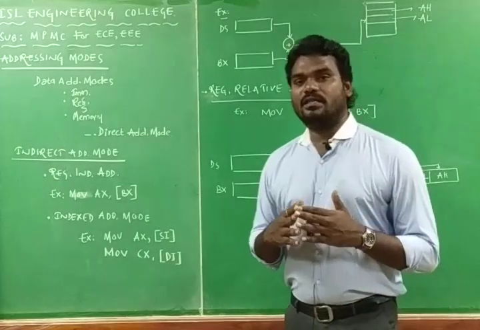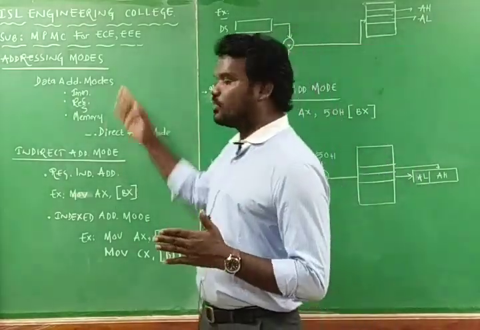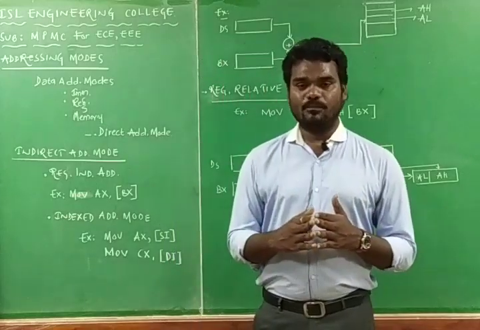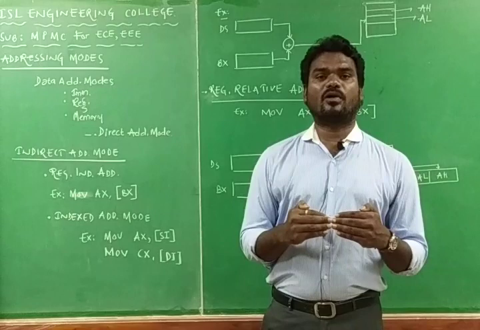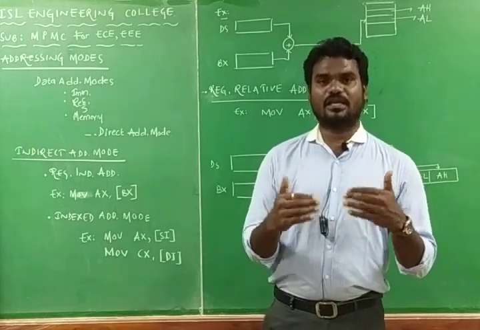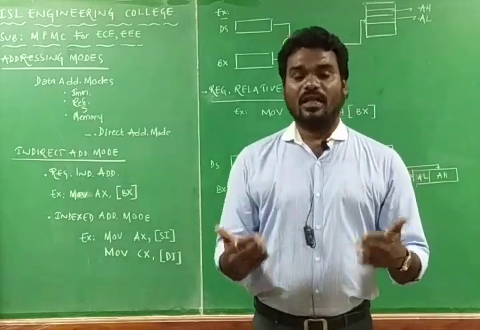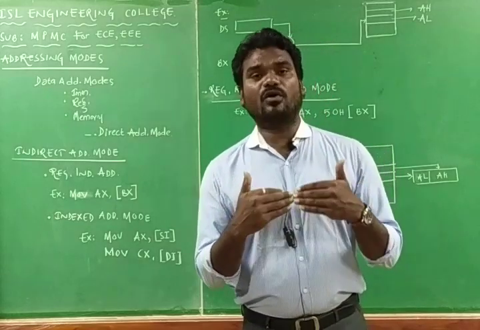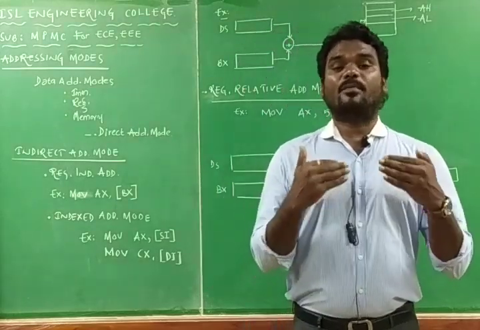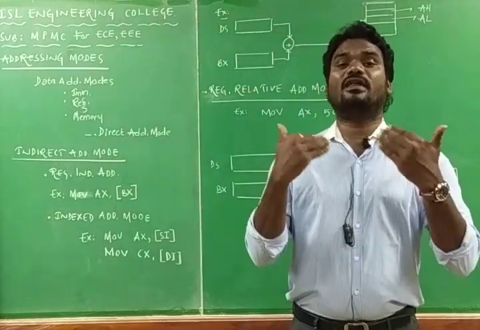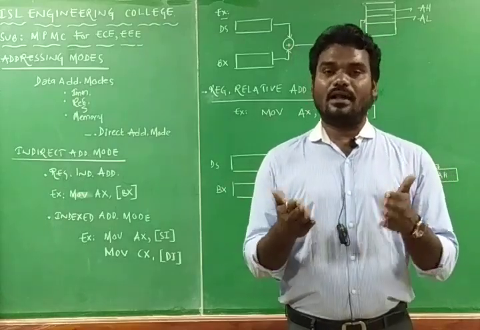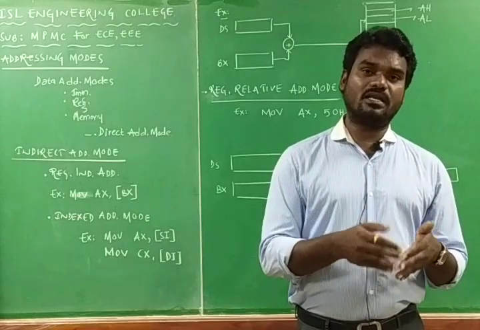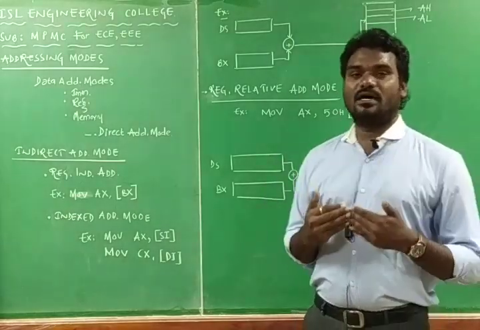Here the simple thing we must know about the addressing mode is this. We know that the 8086 microprocessor executes instructions. Before executing the instruction, the processor should know where the operand is located. That operand may be inside the processor or outside the processor.